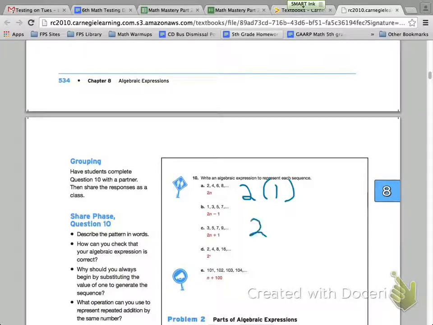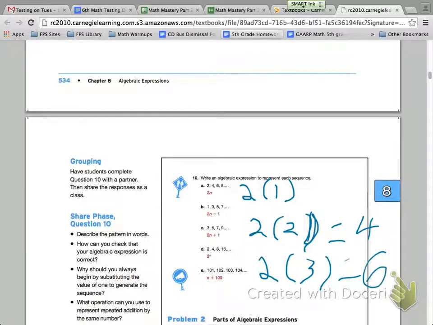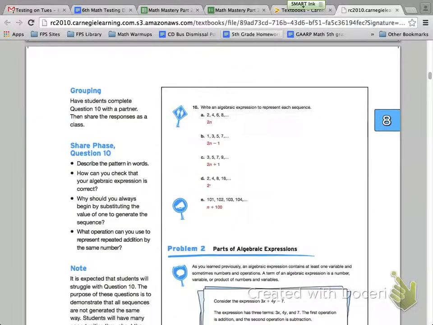Since the second number in the list was 4, again, we'd multiply 2 by 2 to equal 4. Okay, and then similarly, 2 multiplied by 3, because of the third number in the list, would be 6. Okay, so n equals the number in the list, in the sequence, and we're multiplying by 2 for each number that is in the sequence.